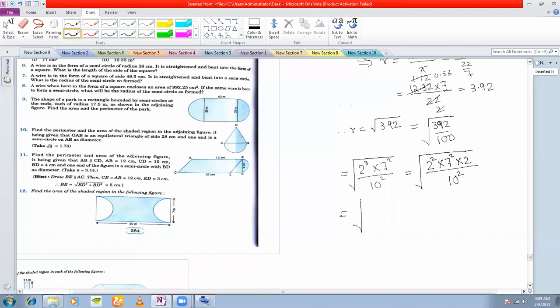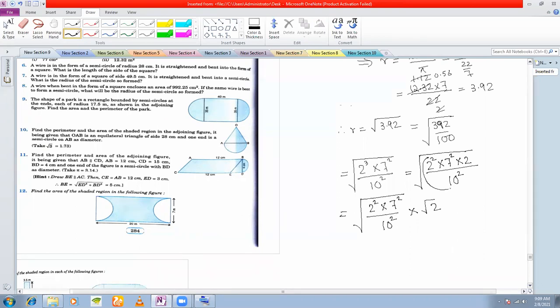So this can be written as root over, you take the squares together, 2 square into 7 square divided by 10 square, and you take the root 2 separately.